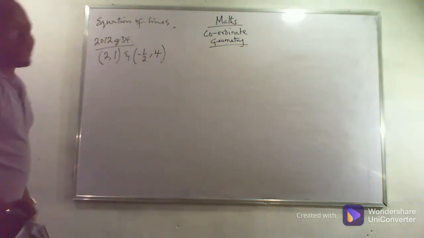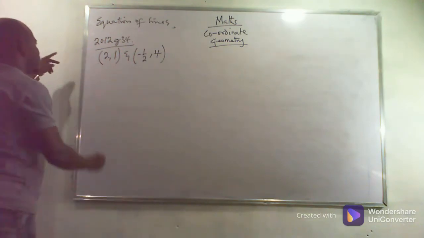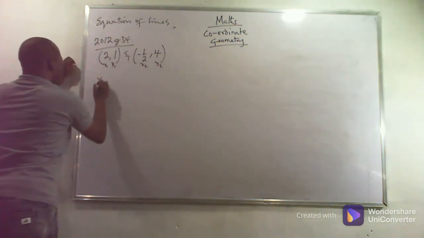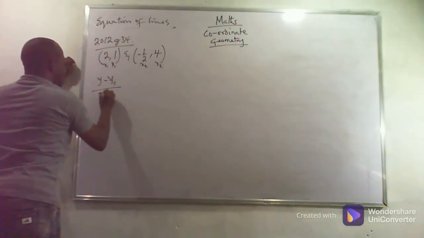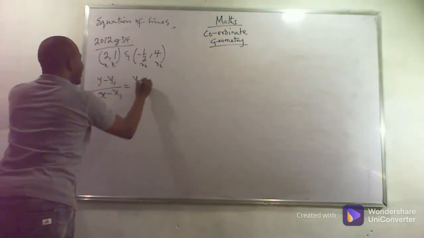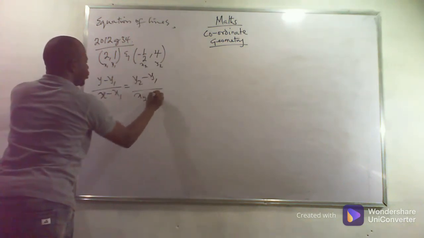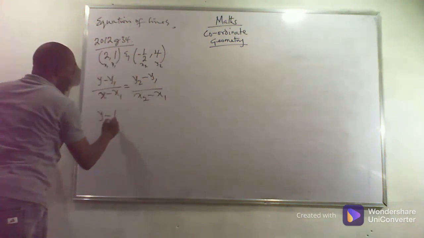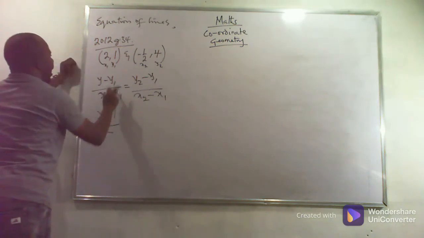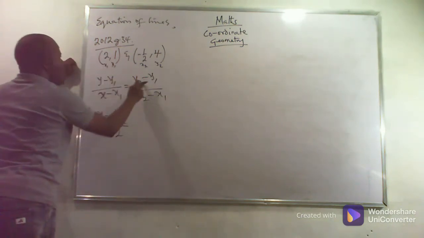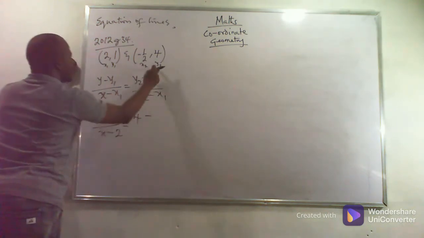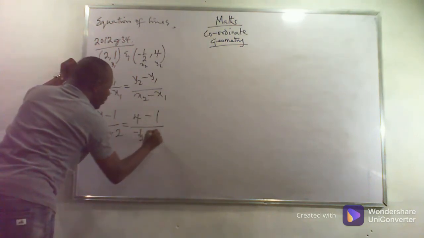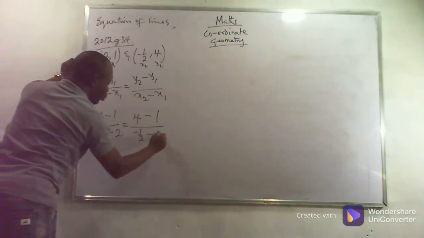So we use x1, y1, x2, y2: y minus y1 over x minus x1 equals y2 minus y1 over x2 minus x1. So you have y minus y1, which is 1, over x minus x1, which is 2, equals y2, 4, minus y1, 1, over x2, minus half, minus x1, 2.